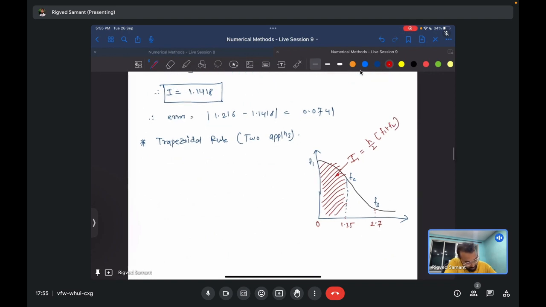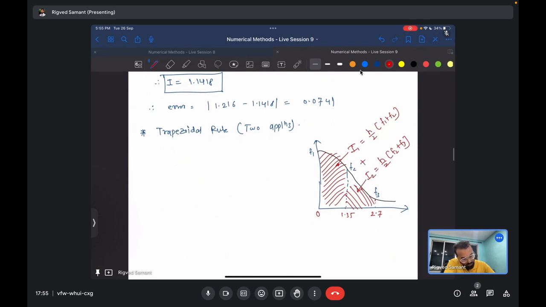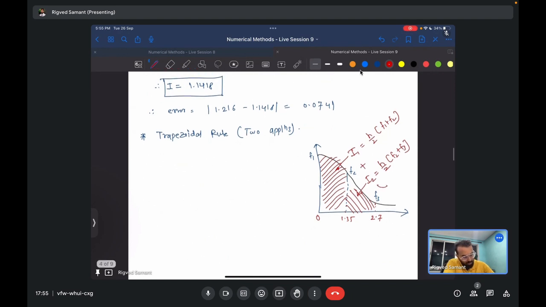Then you will apply a trapezoidal rule here. We'll call this I2, which will be h by 2, f2 plus f3, and you will add them up to get the value of I. So we have f1, f2, f3, but how we use them in the formula is different.